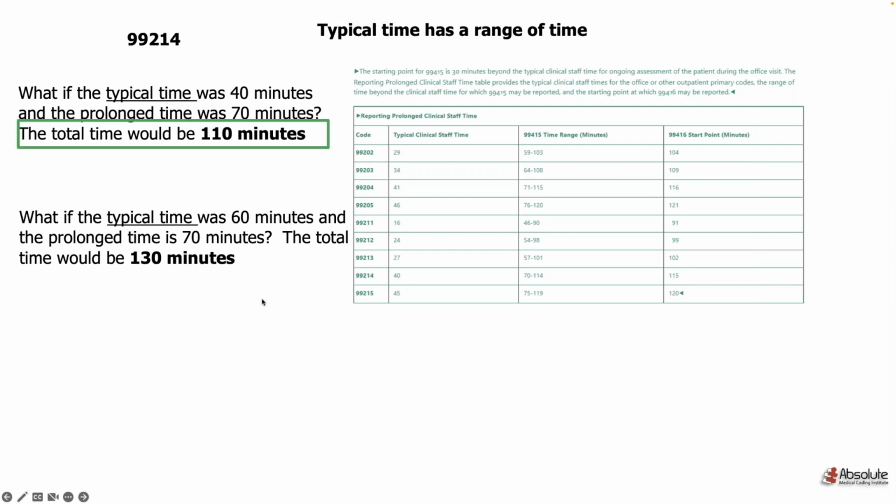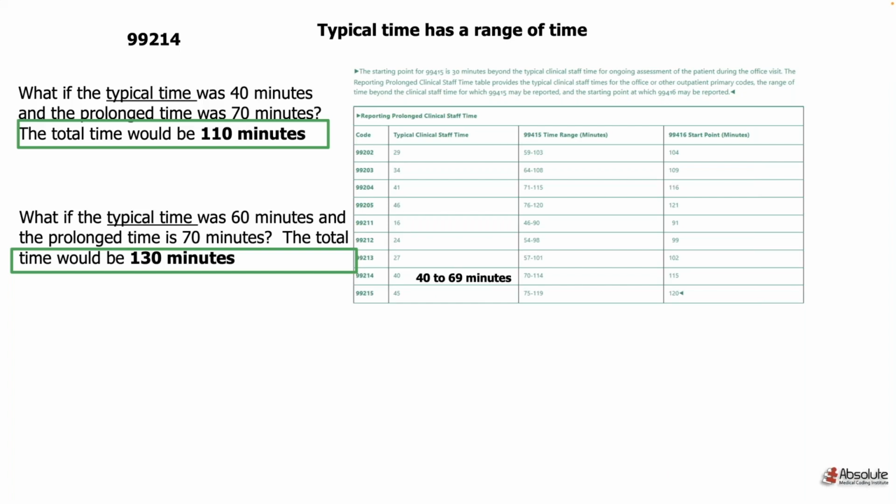This is the point I'm trying to make: 99214 has a span between 40 and 69 minutes to stay in this typical time range. So the nurse has a span of time, and you don't really know what it is unless they document the typical time.